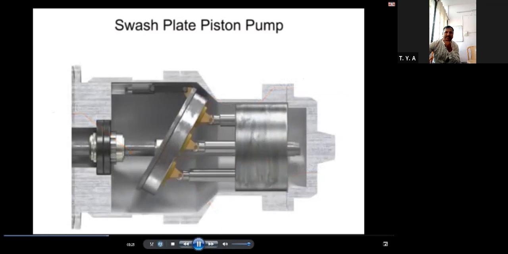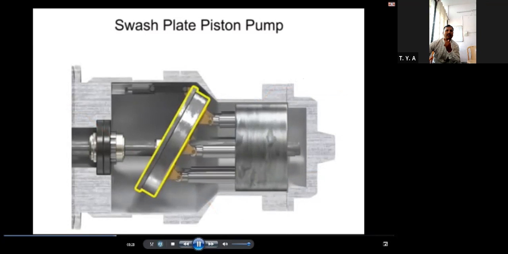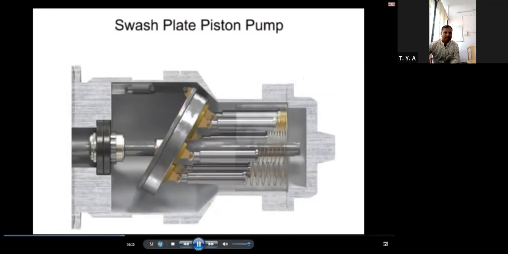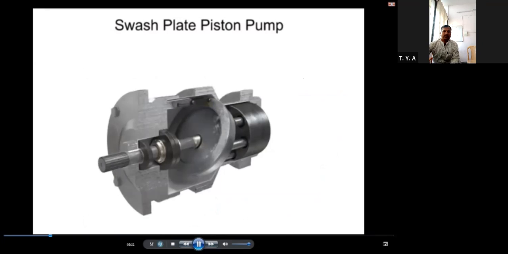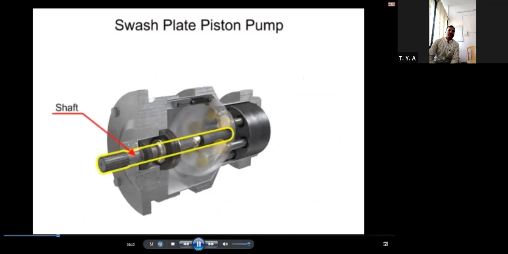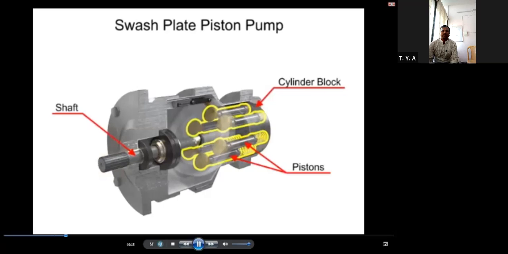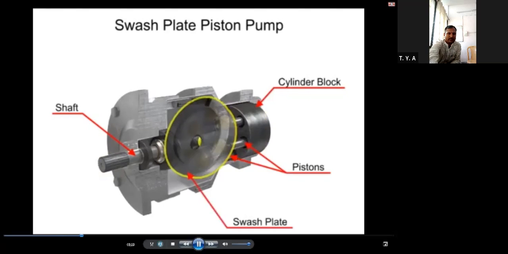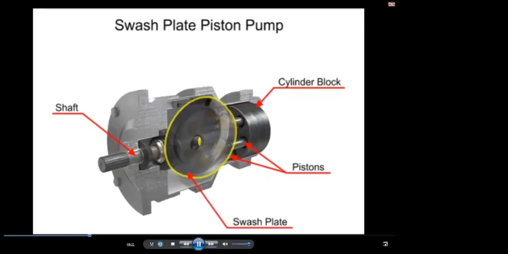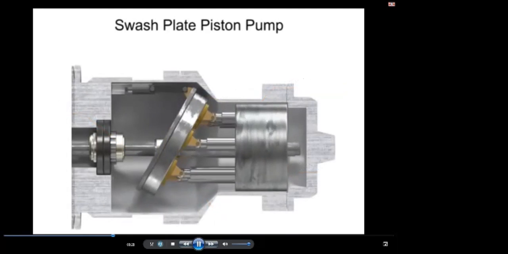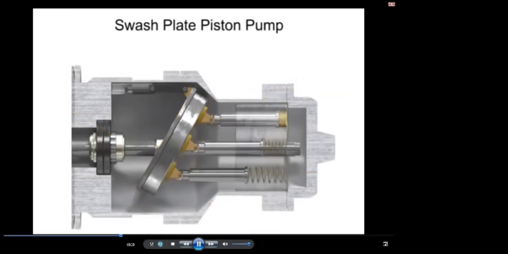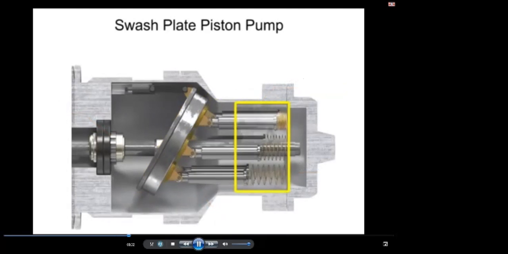As the shaft rotates, the pistons move against the swash plate, causing them to reciprocate within the piston block.